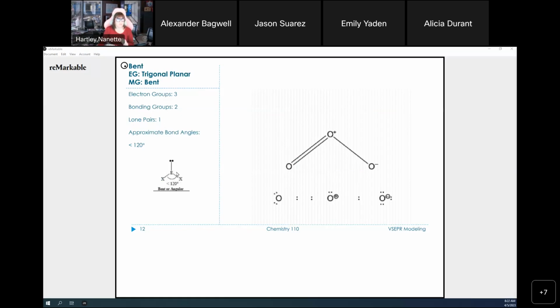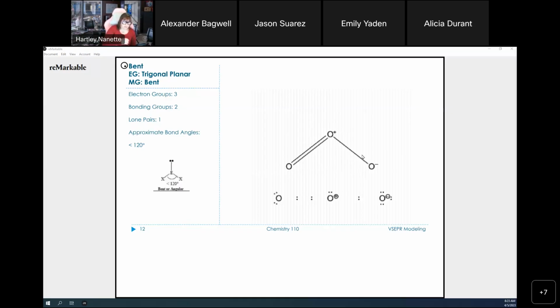This trigonal planar structure now only considers the 2 that are down here, and so that's bent. We still have the lone pair sticking up here, but we don't talk about that when we talk about the molecular geometry. So we're talking about that same structure, but only the bent portion of it. Our bond angles are still approximately 120 degrees. It has been squished a little bit because that lone pair takes up a little more space. So that's how we go to that.